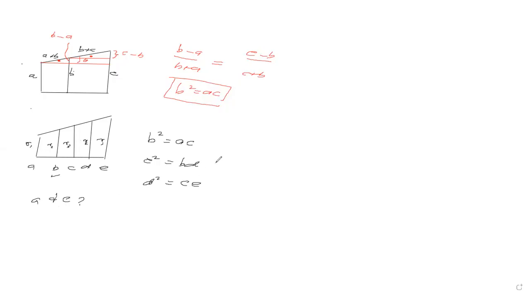I want to link up A and E. And A and E occur only in the first and the last, right? And the way to link them up is just multiply these two things and see what happens.